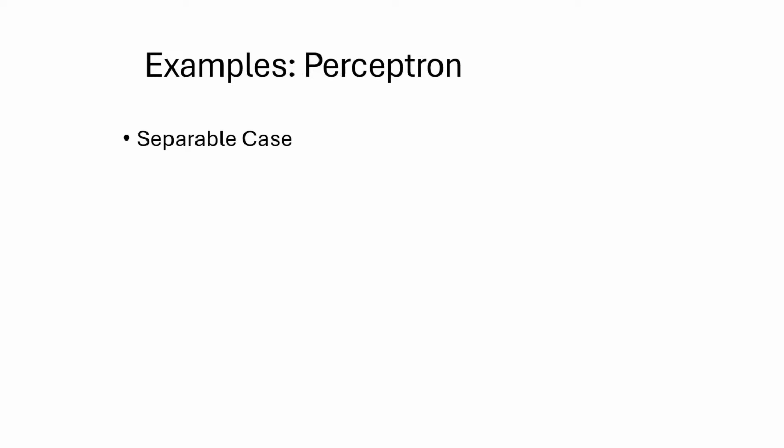If something is separable, then we can design a linear function that perfectly divides between positive and negative cases. So there is no error in classification. There is no false positive or false negative case. This is a separable case.